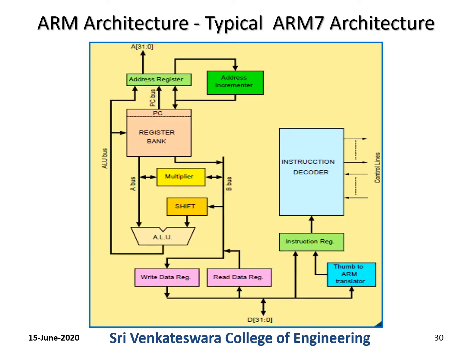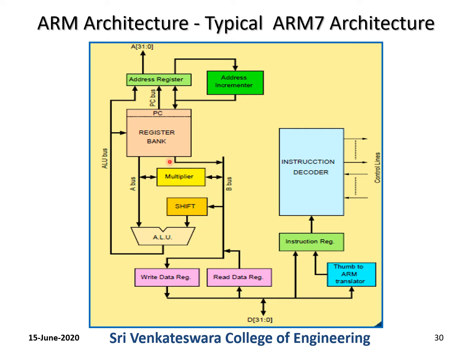In the forthcoming slides, we will be seeing about ARM architectures. So we will start with the typical ARM7 architecture. From the block diagram, it can be understood that the ARM processor has a very big register bank. Apart from that, there is also a special multiplier circuit and a barrel shifter.